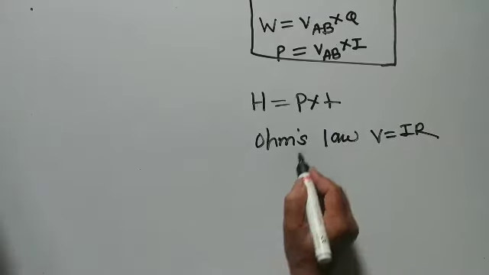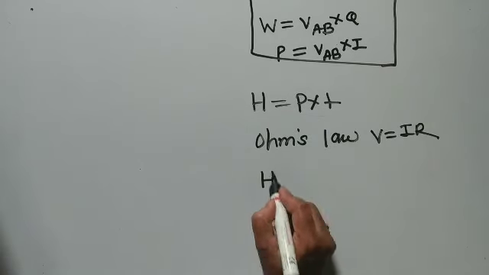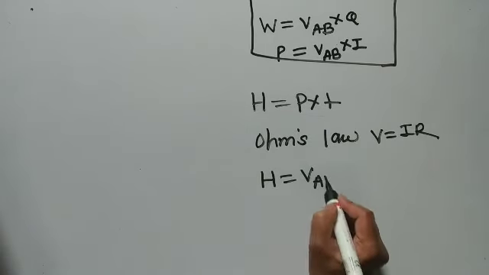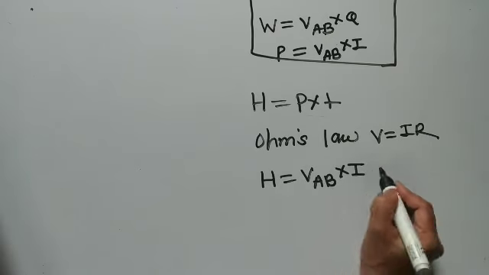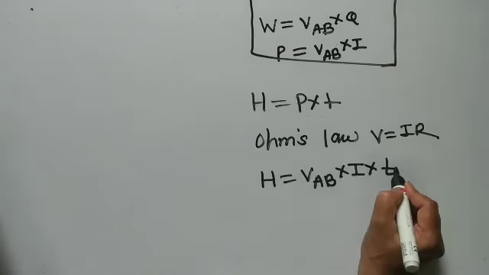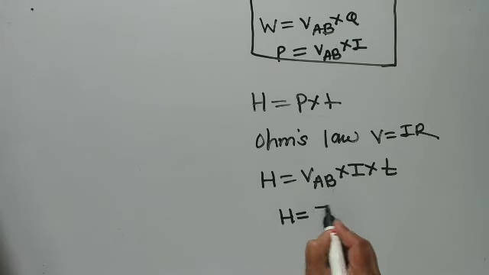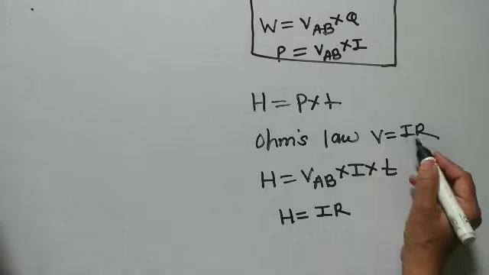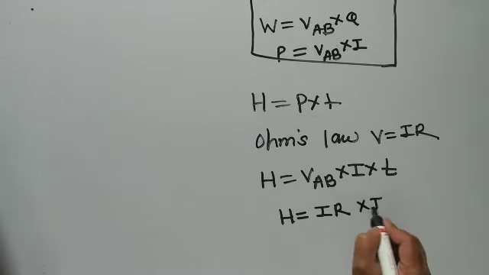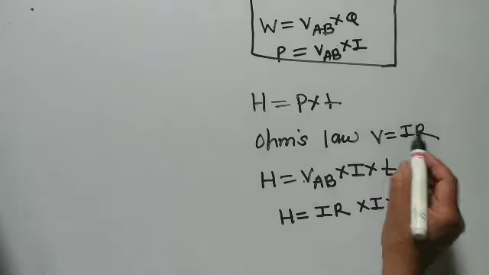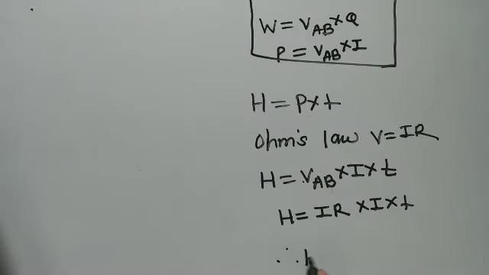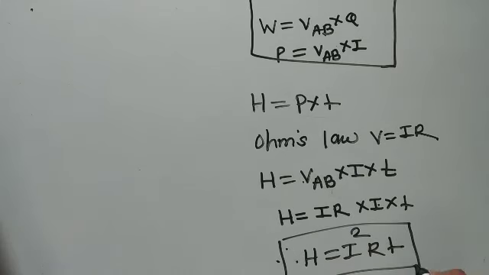Now, P means VAB into I into T. Here we directly substitute the value: V means IR, so IR into I into T. Therefore, H is equal to I square RT. This equation is also called Joule's law of heating.